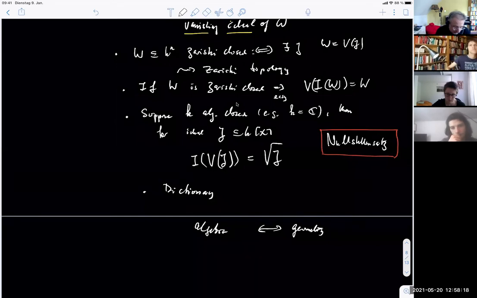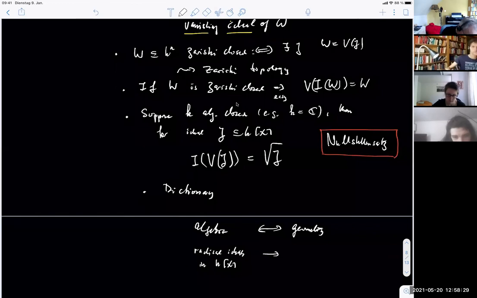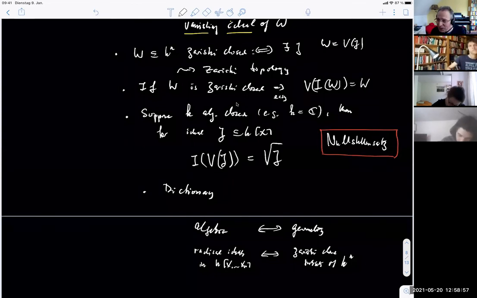This gives a one-to-one correspondence, and it turns out all kinds of geometric notions have an algebraic counterpart and the other way around. That's the basic idea of algebraic geometry.